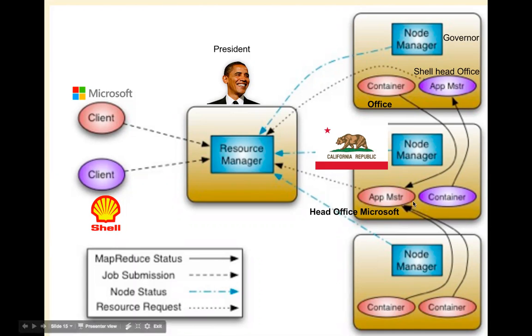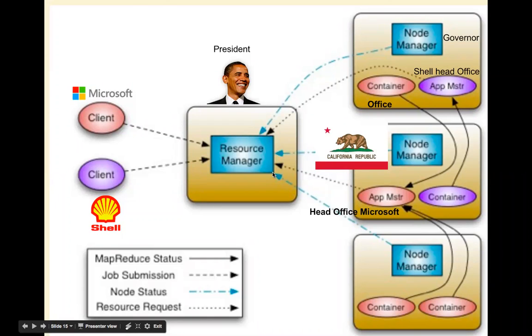The application master is like the head office. Next time, all the requests or application forms that come to the president or states would come from the head office. So the application master is the representative of what the client wants to do. Then the head office of Microsoft will send a request to the president saying, thank you for helping us establish our head office.